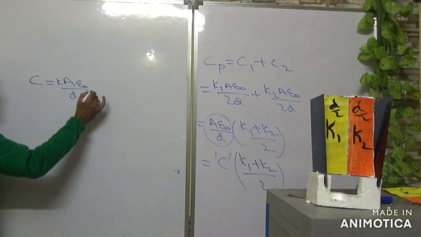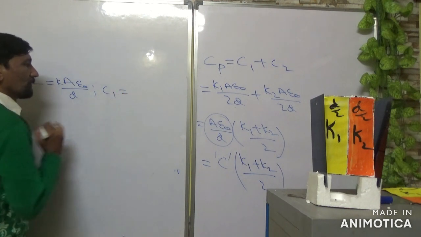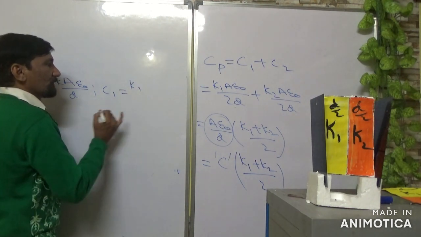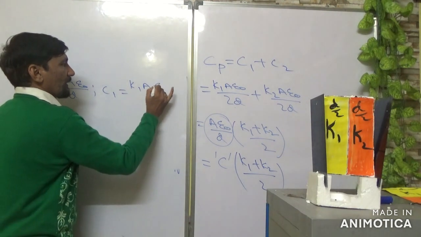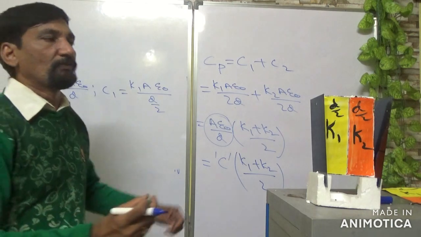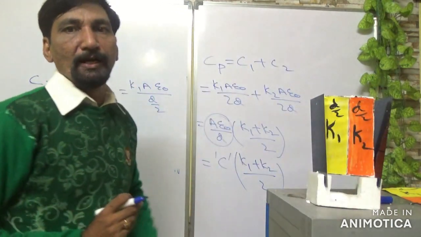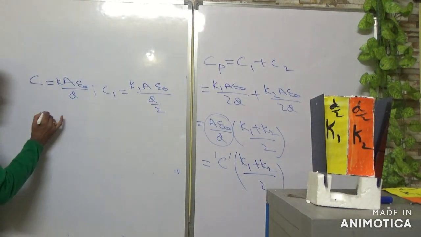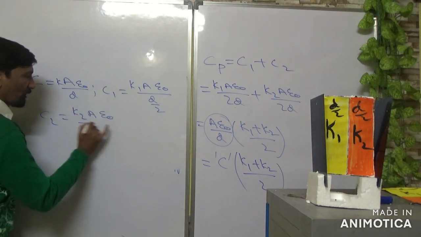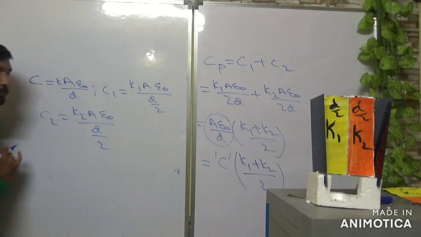So C1 is taken as K1, area wise same, A epsilon naught by D by 2. Why? Because half of the distance has one dielectric. Next C2 is K2 A epsilon naught by D by 2.